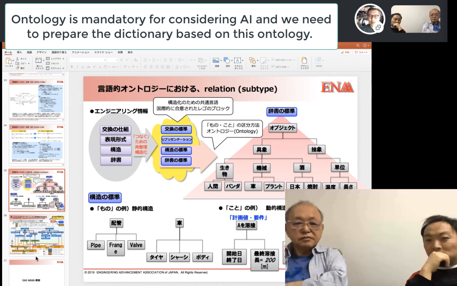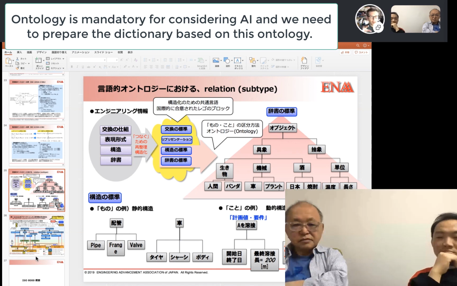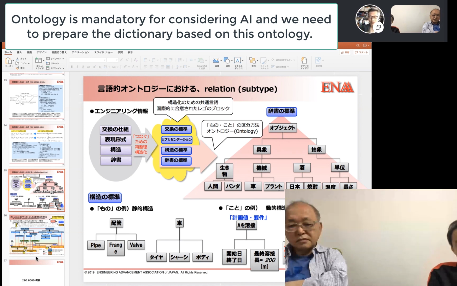So in the case of a machine, there will be maybe a car or plant or maybe airplanes or whatever. So in such a way we can classify everything.